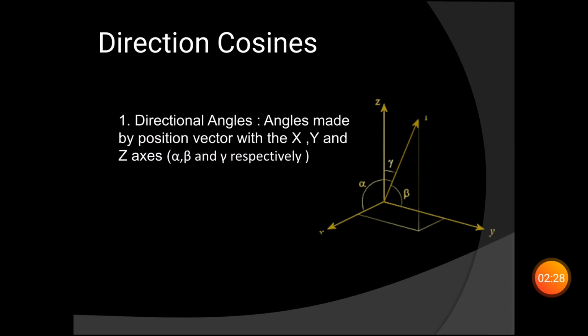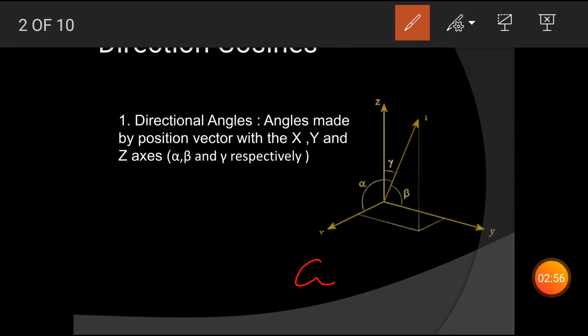So, our first point is, what are the directional angles? Angles made by the position vector with the x, y, z axes, and these angles we represent by alpha, beta and gamma. Now, what are direction cosines? It's very easy. The cos value of these angles, like alpha, that is cos alpha, and cos beta and cos gamma.